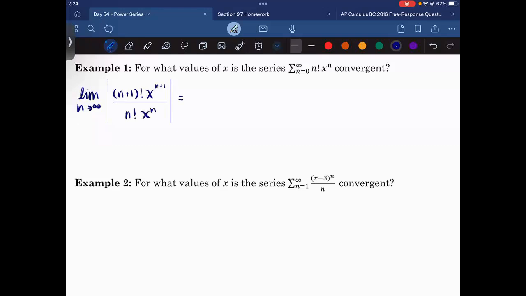We should be able to recognize the things that match, but if you don't, I'll just do it real quick. (n plus 1) n factorial, so I'm just spacing out the factorial a little bit, then x to the n times x, over n factorial, x to the n.